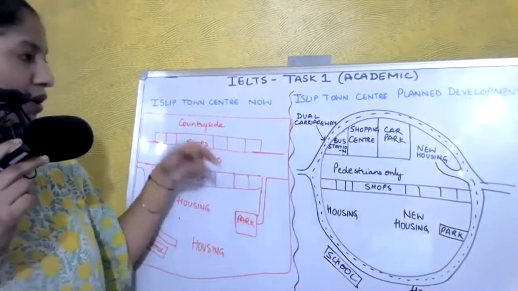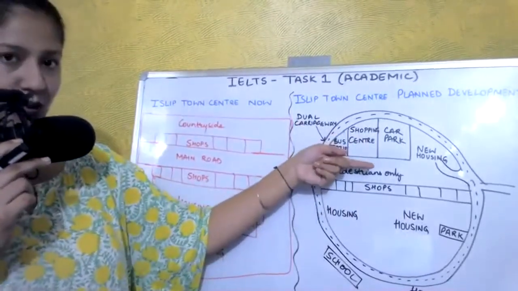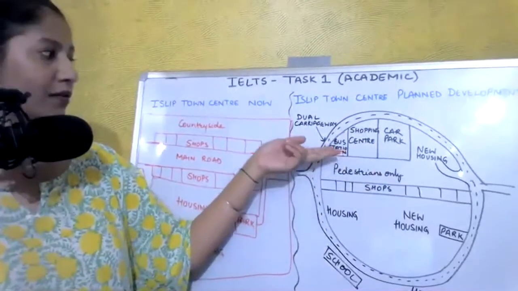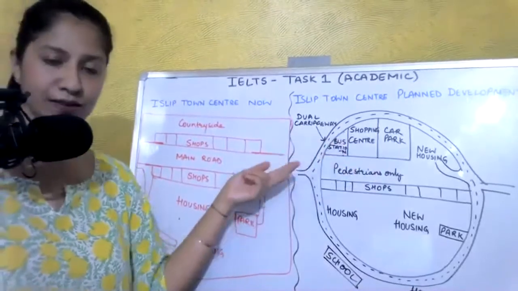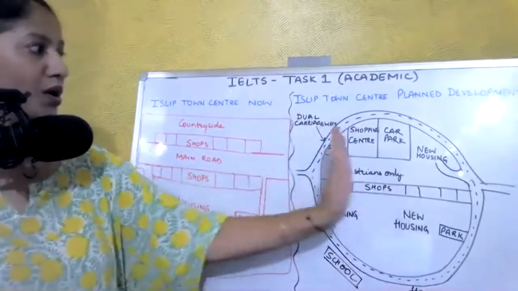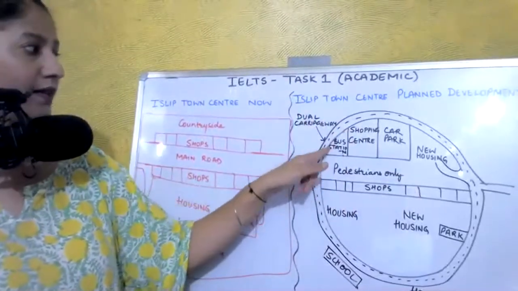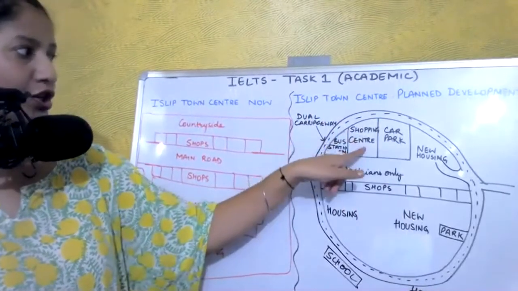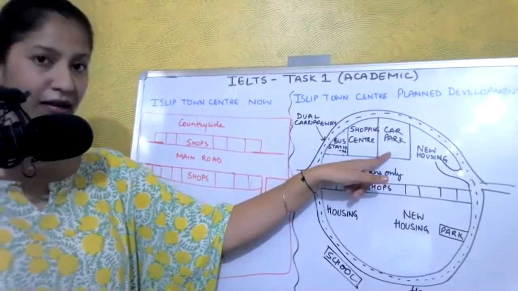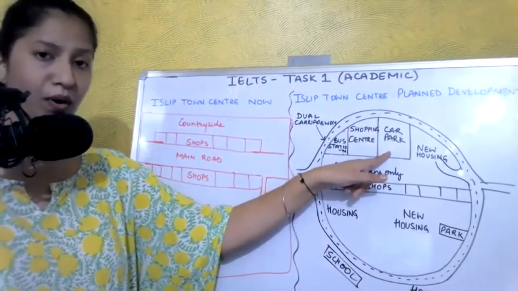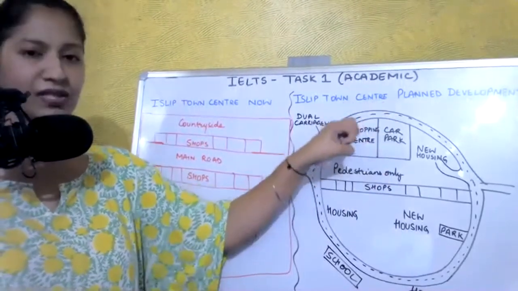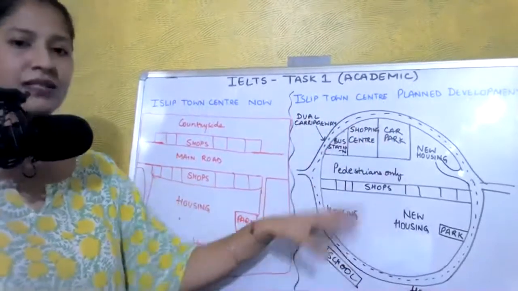But to the north of the pedestrian's way, there are various public facilities made available for the general public, like in the northwest corner, there is a bus station, a shopping center, and to the north, there is a separate car parking, which might reduce the problem of traffic congestion. Obviously, that is the purpose of a car park, so that all the cars are parked at one place and there are no vehicles in and around the town.